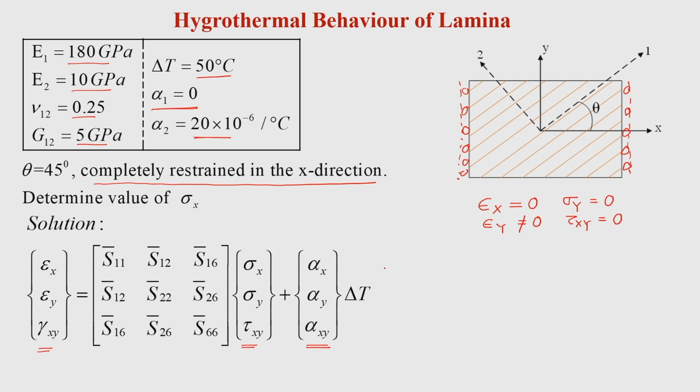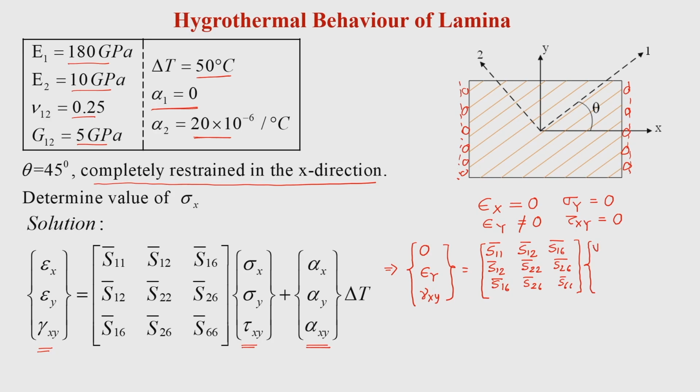So, if you look at this, we can write epsilon x equal to 0, epsilon y, and gamma x y equal to the matrix S11 bar, S12 bar, S16 bar; S12 bar, S22 bar, S26 bar; S16 bar, S26 bar, S66 bar, into sigma x.